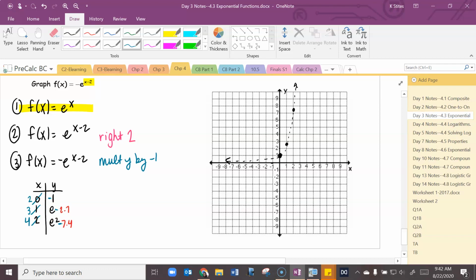And now we can graph it. 2, -1, 3, -2.7, 4, -7.4. And again, there's no vertical shift. So our horizontal asymptote is going to remain at y equals 0. Okay, so you can see it's basically a reflection over the x-axis, but again, it's been shifted to the right too.